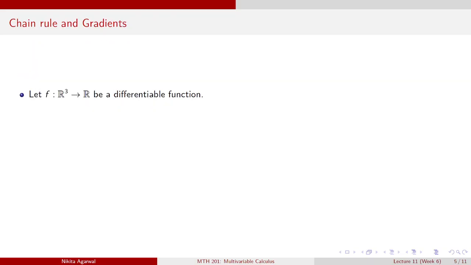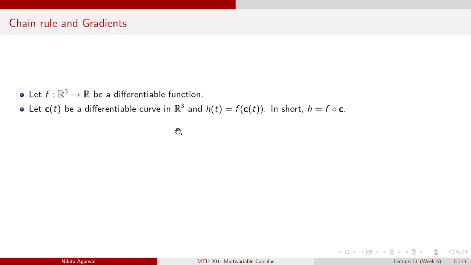So now let us look at how chain rule facilitates us to compute gradients of certain functions. Suppose f is a function from R3 to R and it's a differentiable function, and let c(t) be a differentiable curve in R3, which is the domain of f.